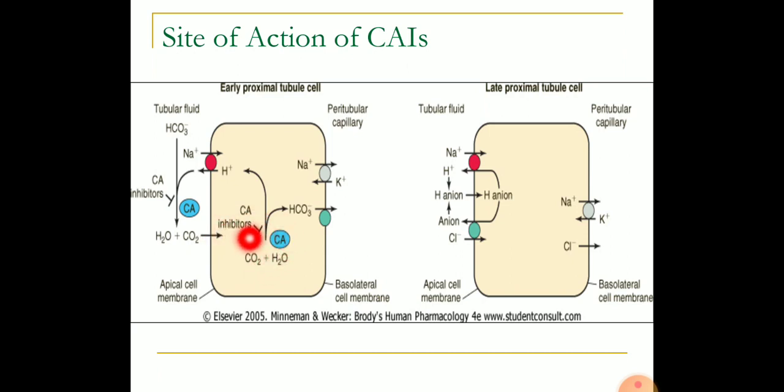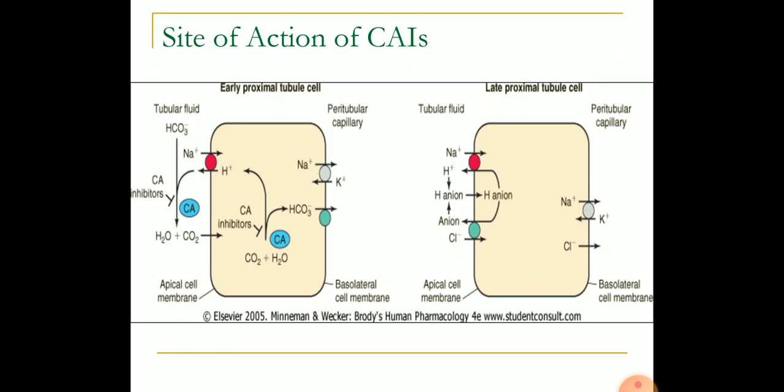So, on both sides you will see these things. You will see the reduction of hydrogen ion in the peritubular cells for the sodium hydrogen antiport exchange, resulting in decreased sodium reabsorption, and the tubular concentration of sodium and bicarbonate is increased, resulting in alkaline urine and metabolic acidosis. And there is also decreased secretion of ammonia in the collecting duct.